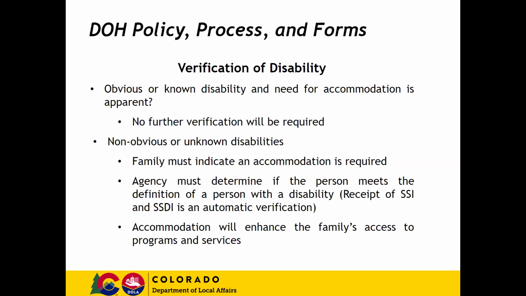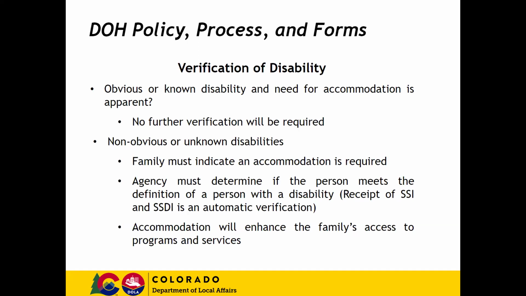I can use a very basic and simple example of a person going into a leasing office and saying they need a wheelchair accessible unit. They need an ADA accessible apartment. And they are a person who is in a chair.